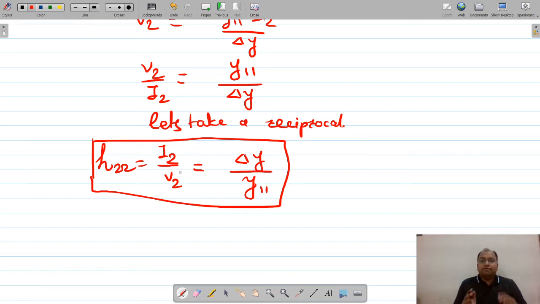Okay, fine. So we can also convert H parameters in terms of ABCD parameters, like the homework or assignment I have given in the case of Z in terms of ABCD and Y in terms of ABCD. Okay, now let us find ABCD parameters in terms of other parameters. Fine.